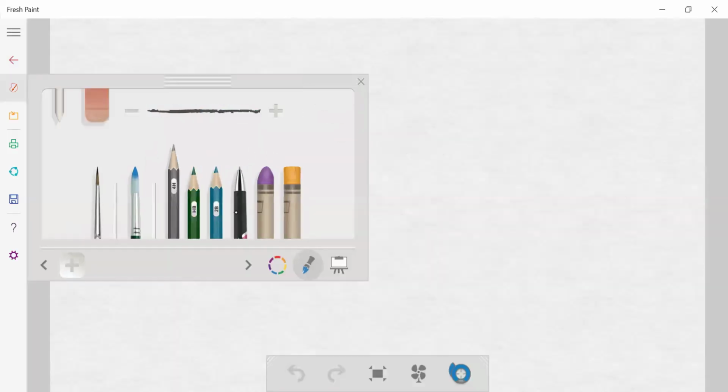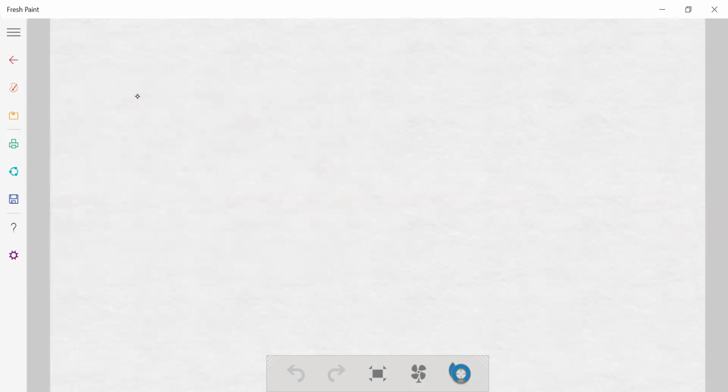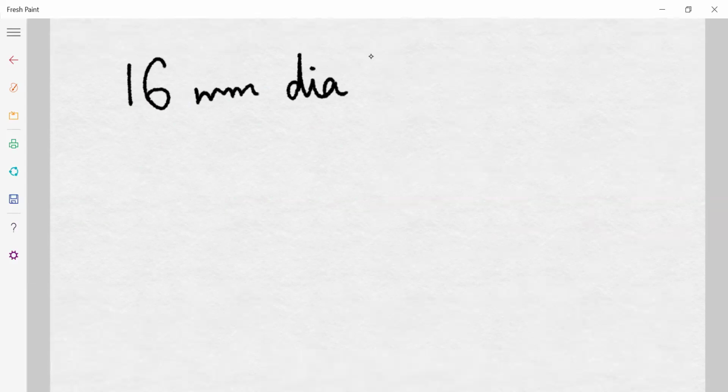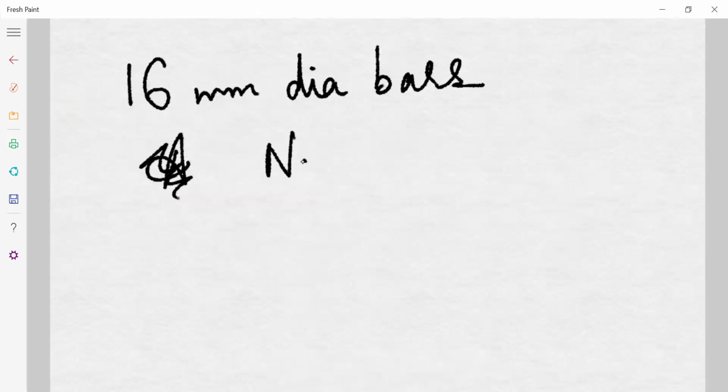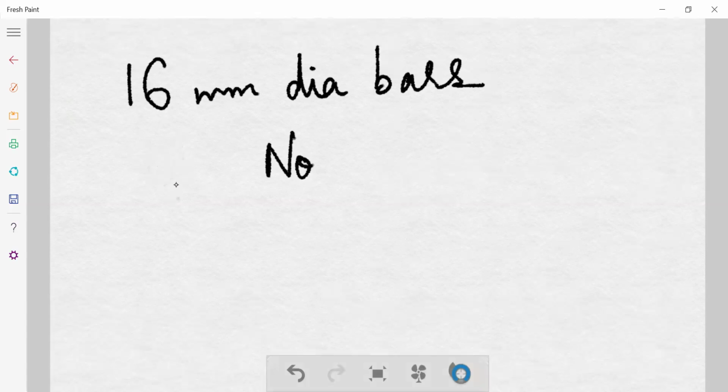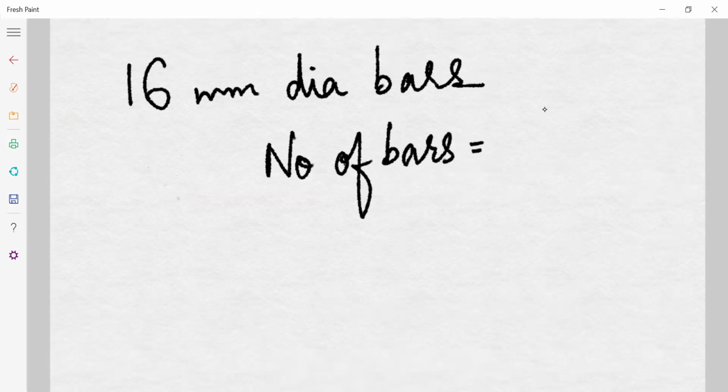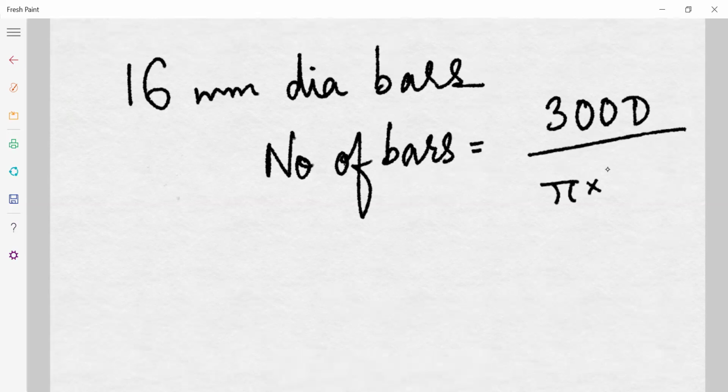So if I consider now 16 mm dia bars, the number of bars is equal to 3000 by area of one bar, which is pi into 16 square by 4.